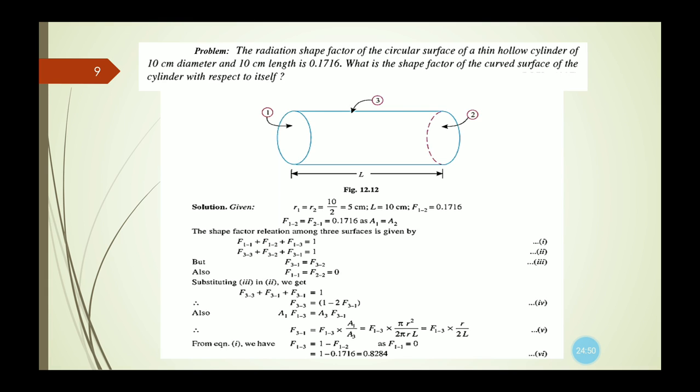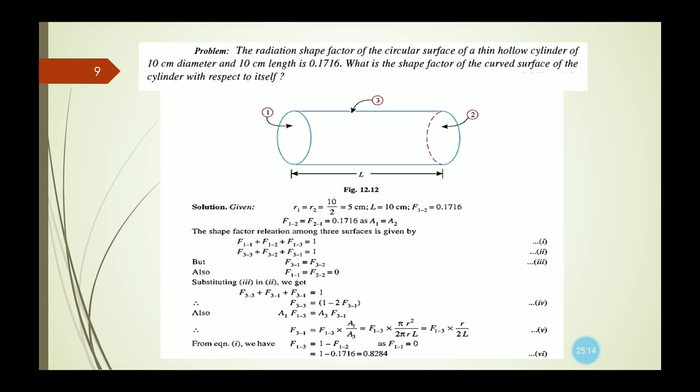So how to proceed here in this numerical? The curved surface here is number 3, which can be seen in the figure. We need to calculate the shape factor of the curved surface of the cylinder with respect to itself.